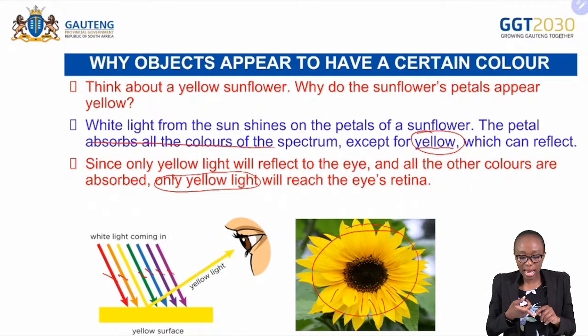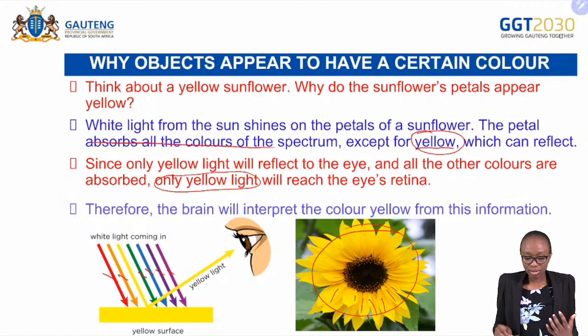So once that yellow ray reaches the receptors of the retina, what is it going to do? Those are going to be stimulated, and then they'll send an electrical nerve impulse. That impulse is going to be sent to the brain, and the brain will interpret that we received a certain wavelength. What color could it be? And that color is yellow. Then your brain interprets it as yellow. Then what do you see? You see the color yellow, a very bright sunflower.